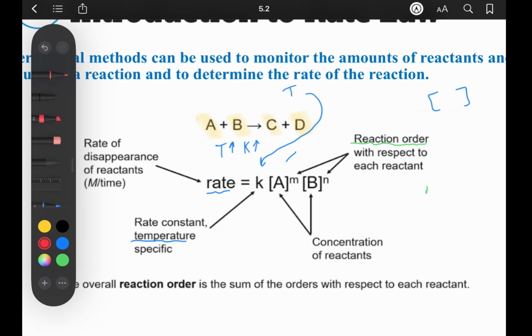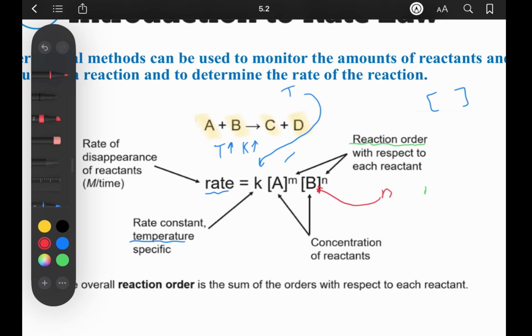So I can say that n represents the order with respect to B, and m represents the order with respect to A. If you add the two orders together, you will end up with the overall reaction order, which is the summation of all the orders.